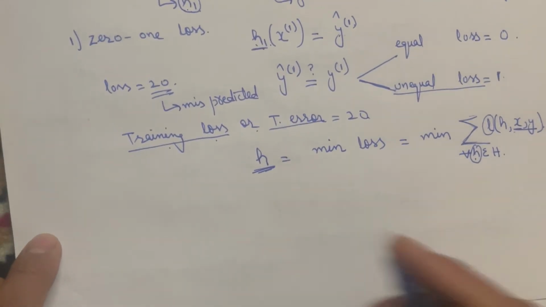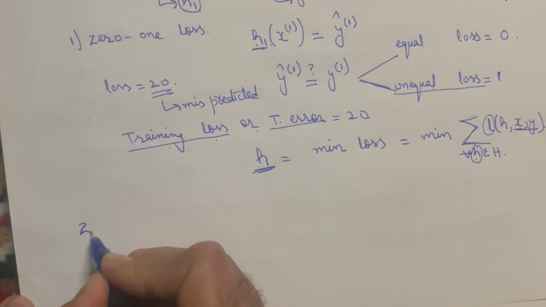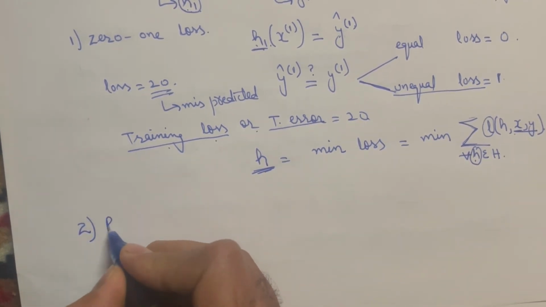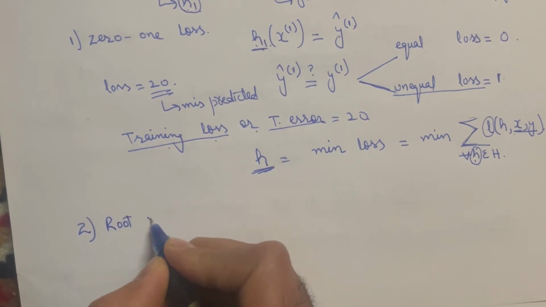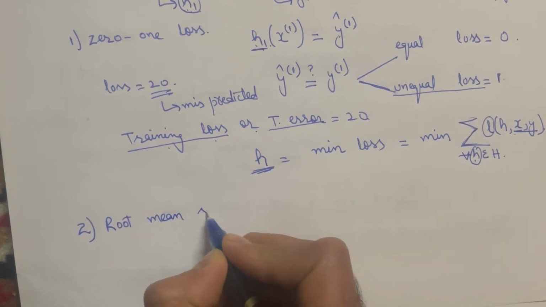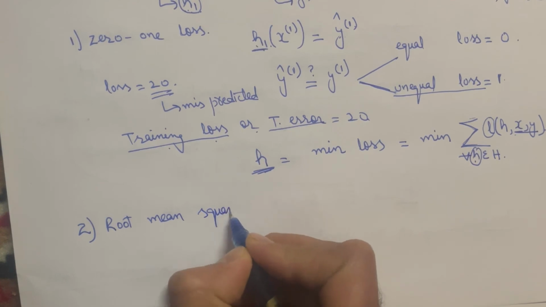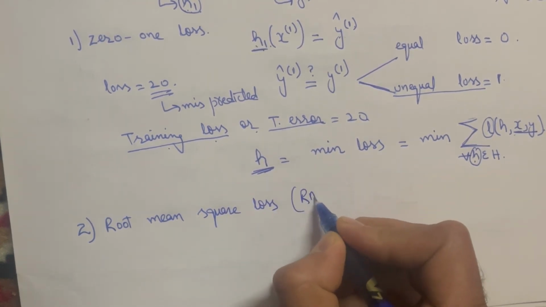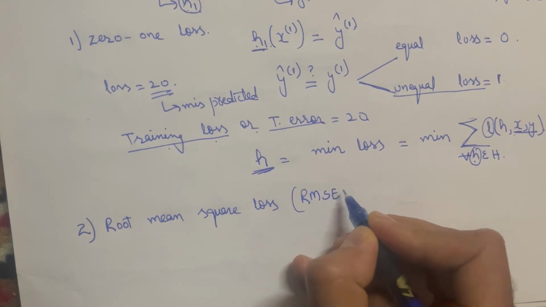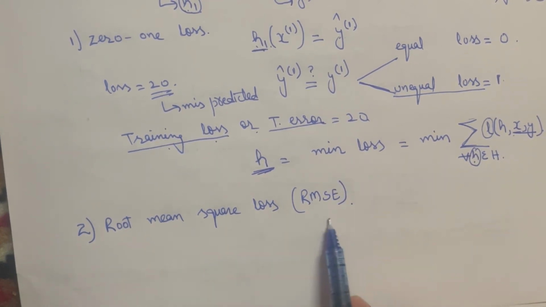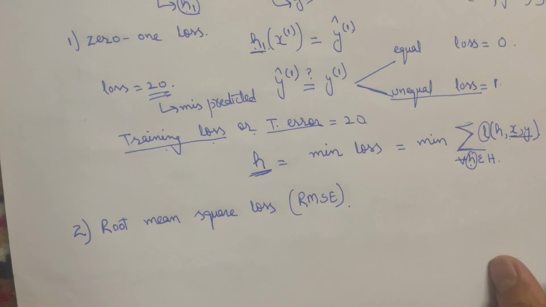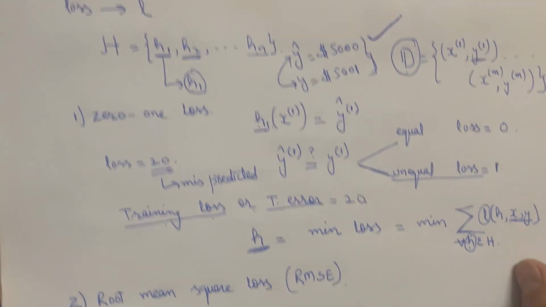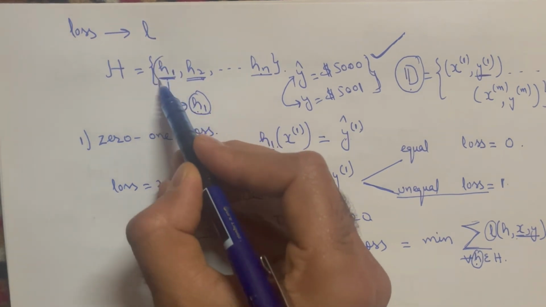So there is another loss that is most commonly and most frequently used, that is the root mean square loss, or mean square error. Root mean square error. So what we are going to do, in a similar way we will take h1.